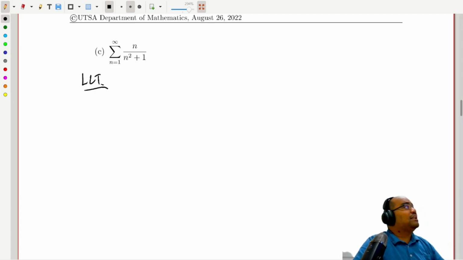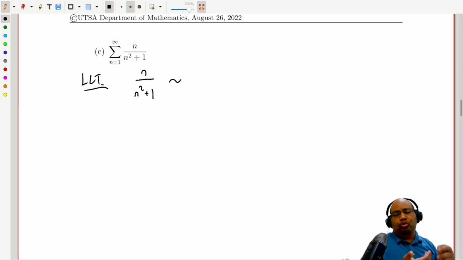So again, we look at higher order terms, and I'm going to go ahead and use this notation here. So we have n over n squared plus 1. This tilde I'm going to use is going to say asymptotic to, or behaves like. Basically, if we drop off lower order terms, the thing will behave the same in the limit.